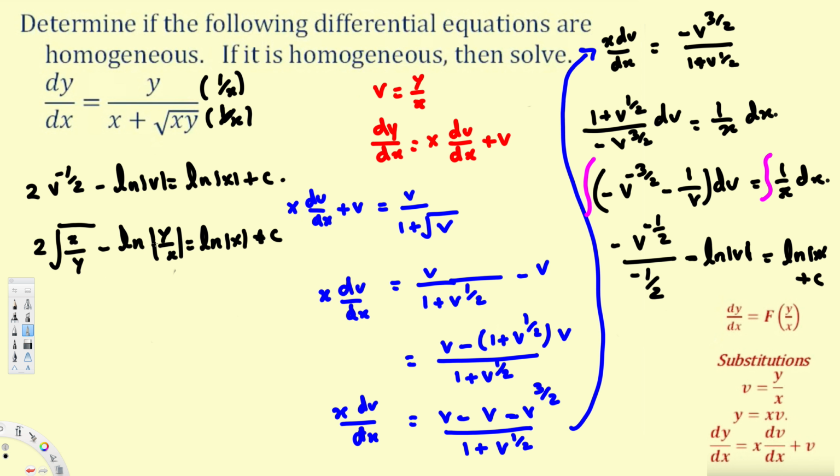Now it's better to expand this one, because you will see that with 2 square root of x over y, and ln of y over x, when we divide we subtract, so this is going to be ln y minus ln x, right? And on the other side of the equation we have ln x plus constant.